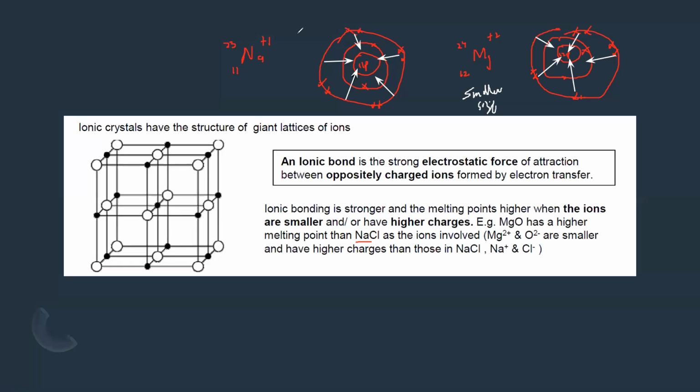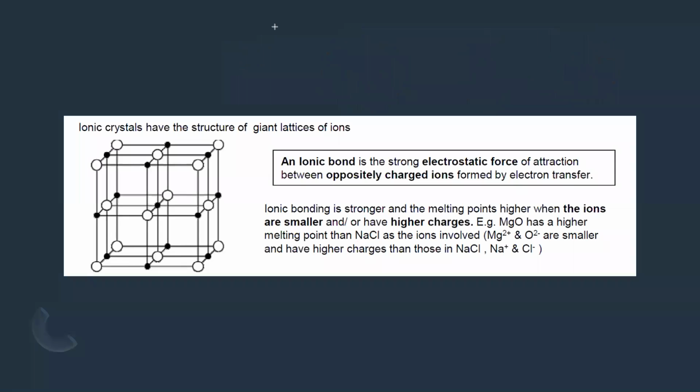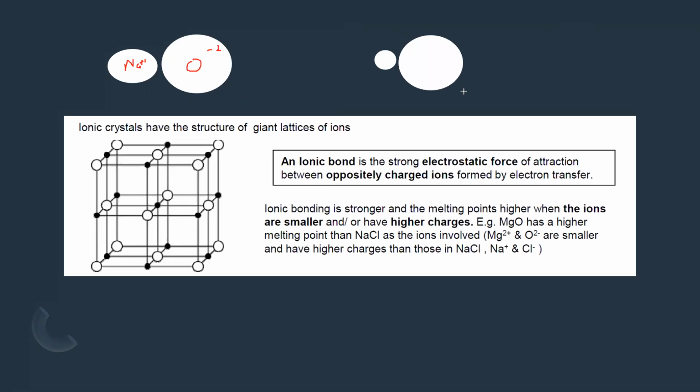So if there is a compound involving magnesium and oxygen, and another compound which involves sodium and oxygen or sodium and chloride, if this is a sodium ion, and then there's oxygen with a charge of -2, and if there is a magnesium ion, the magnesium ion is smaller in size compared to the sodium ion. So ions will be closer.